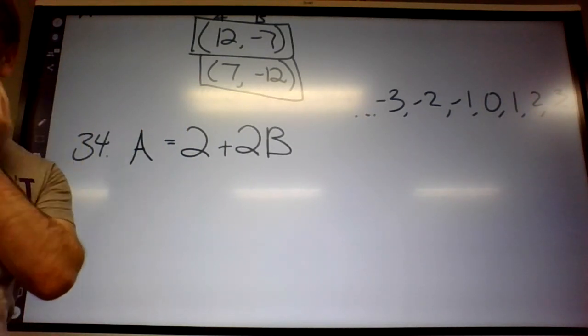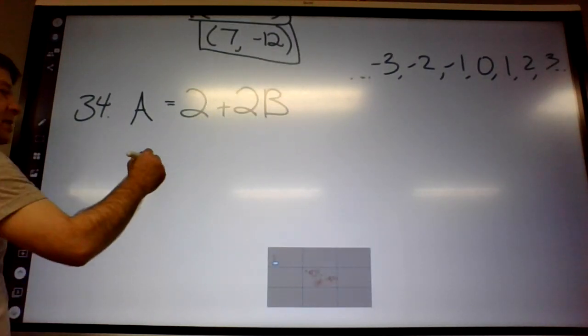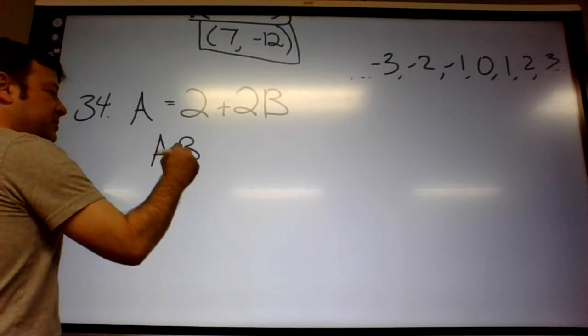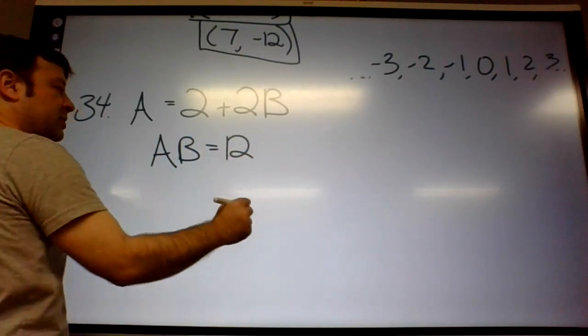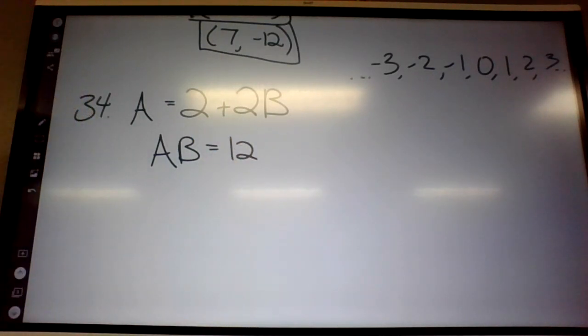And their product is 112. So Hank, what did we say product was? Multiply. So if you multiply the two together, it's 112. All right.